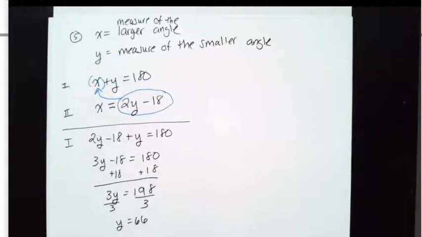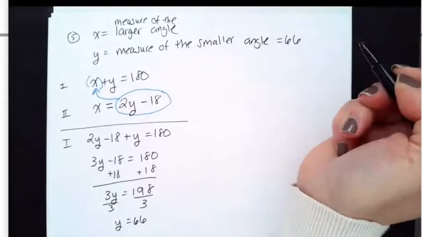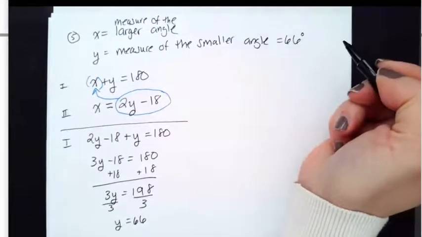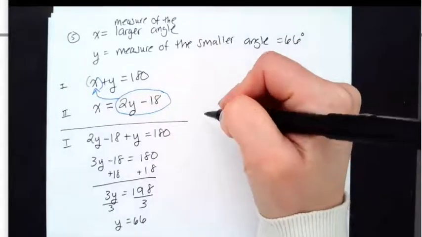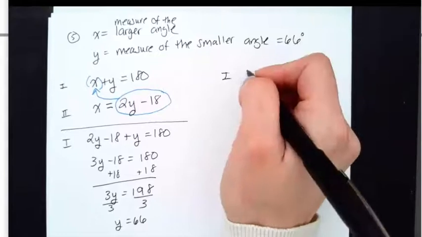So y is the measure of the smaller angle, and this would be in degrees. I'm going to put my degree symbol here. Then the larger angle I can get from either of my equations. I like the first one, a little less work.